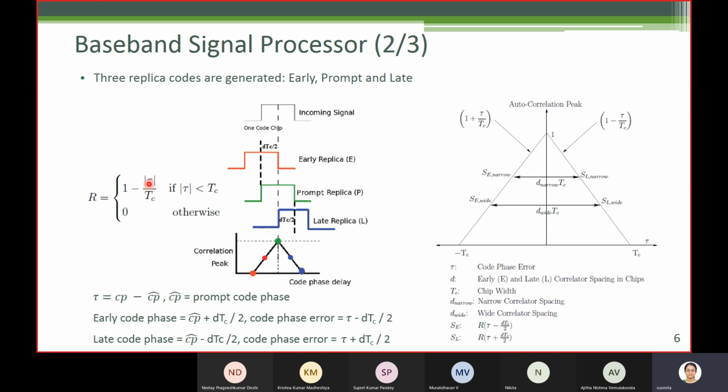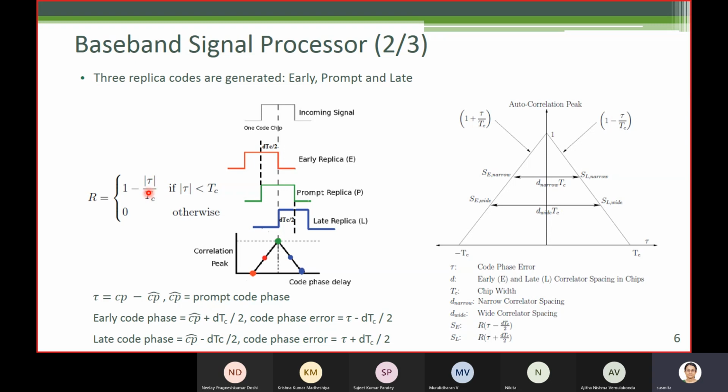Now tau, the code phase alignment error, can be in seconds. Then TC is the chip width, the duration of a chip. In case of the CA code, there are 1.023 times 10 to the power 6 chips in a second. So 1 divided by 1.023 times 10 to the power 6 will give the chip duration, which is TC. If you represent TC in seconds here, tau also has to be in seconds.